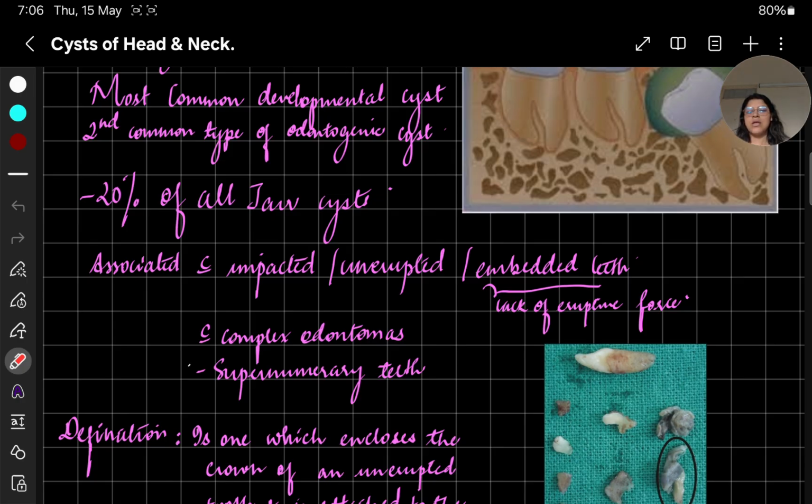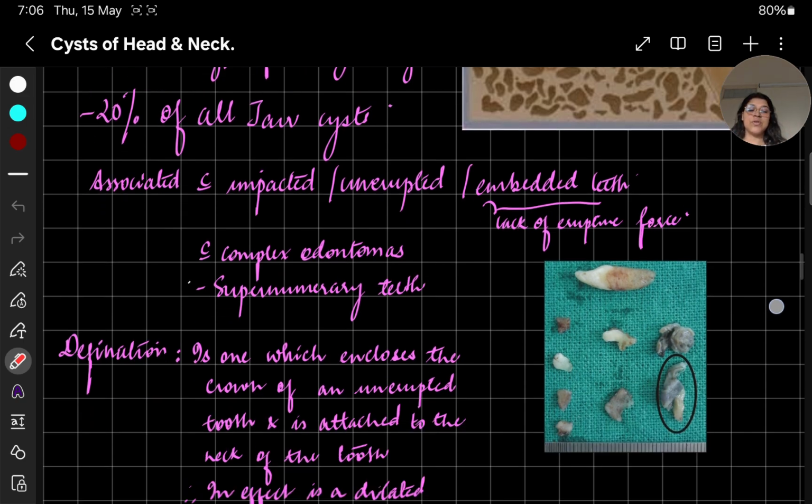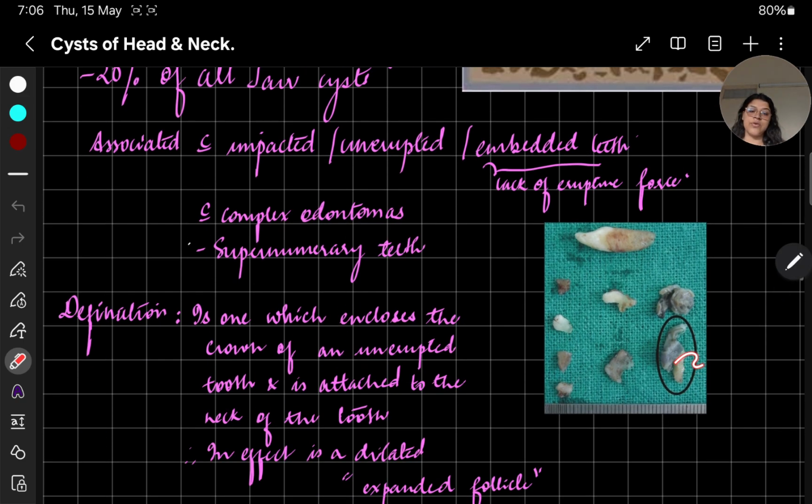And then it could also be associated with complex odontomas. While learning odontomas, we had seen that they could be associated with dentigerous cysts also. And it could also be associated with supernumerary teeth. So here you see these odontomas and you see the dentigerous cysts associated with them.